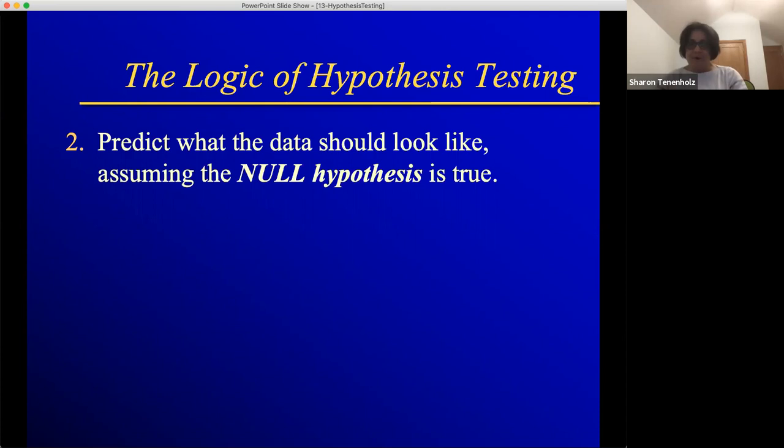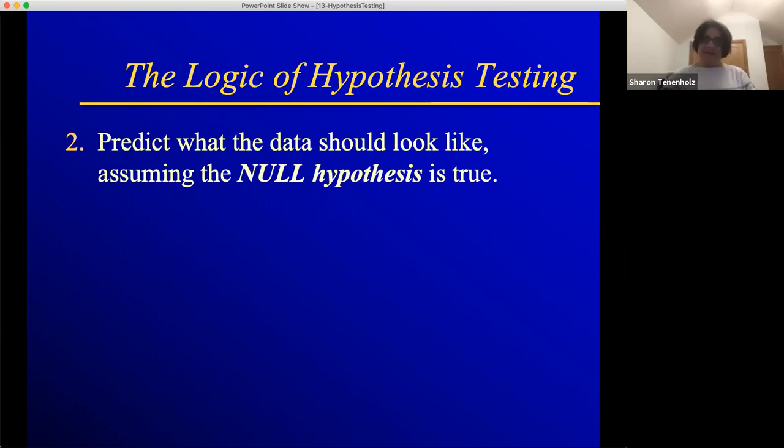So in the tea example, when they went out and they collected the data, they had Muriel Bristol sip those teas. If the null hypothesis was true, she should have been at random chance on guessing each of those cups of tea. She probably would have gotten about 4 out of 8 correct, because 50-50 chance on each one. That's what the null hypothesis would predict.